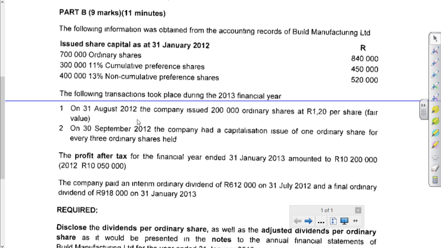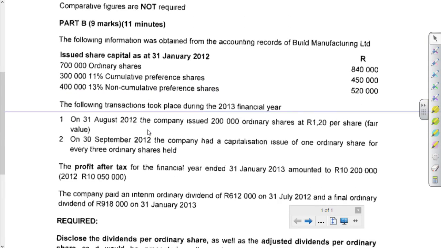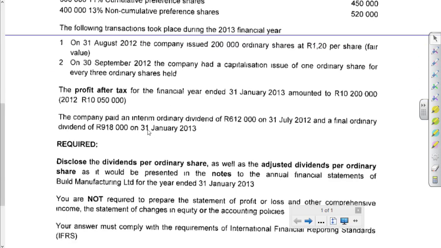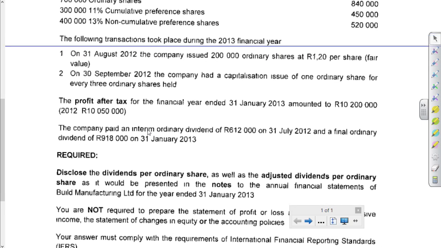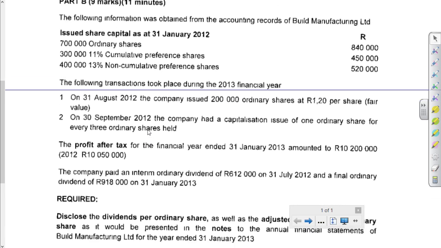That's all they asked in this paper for earnings per share. They asked just this, 9 marks, dividends per share. They asked you to disclose the dividends per share and adjusted dividends per share as it would be presented in the notes to the financial statements. That's it. Okay, there's the information.